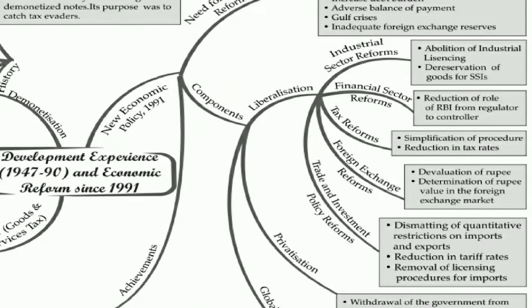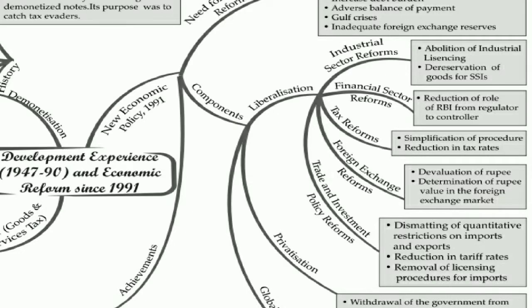Industrial reforms: industrial licensing was abolished, and the SSI reservation was cancelled. In the financial sector, the role of RBI changed to being a regulator rather than a controller. In tax reform, we simplified the procedure of taxation.